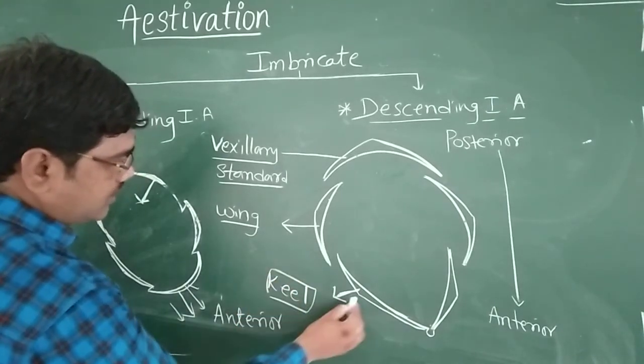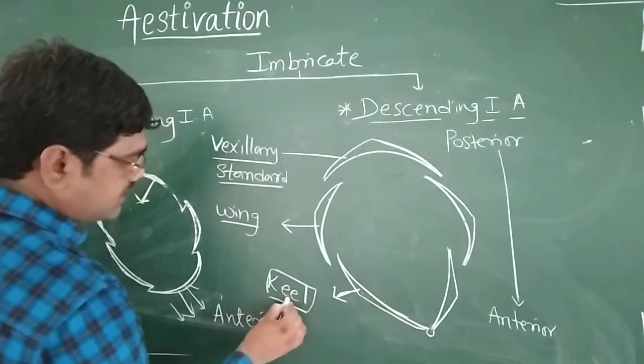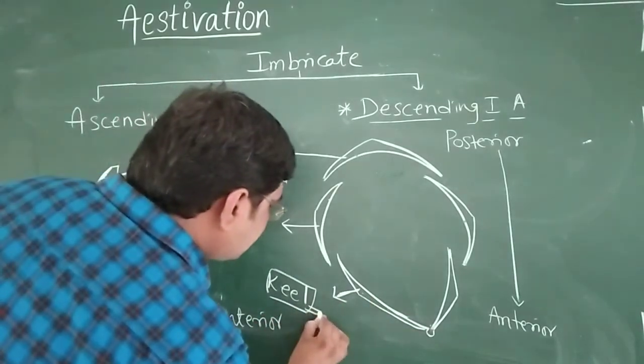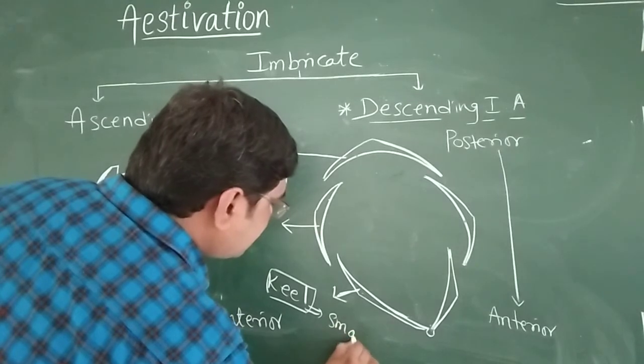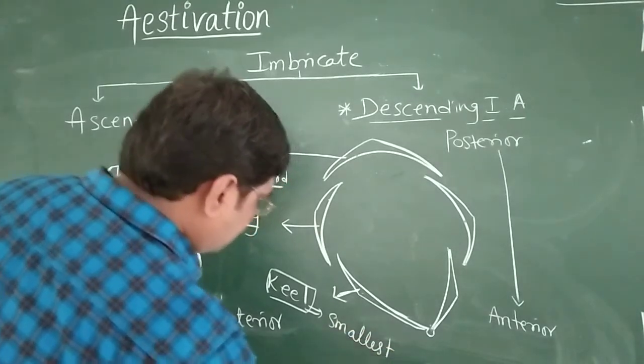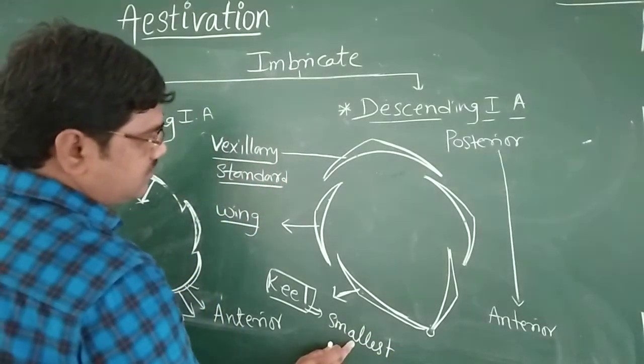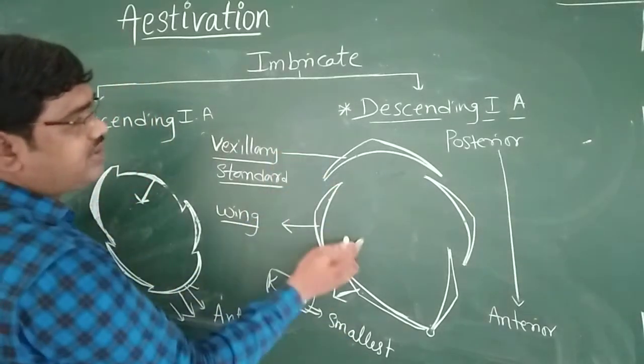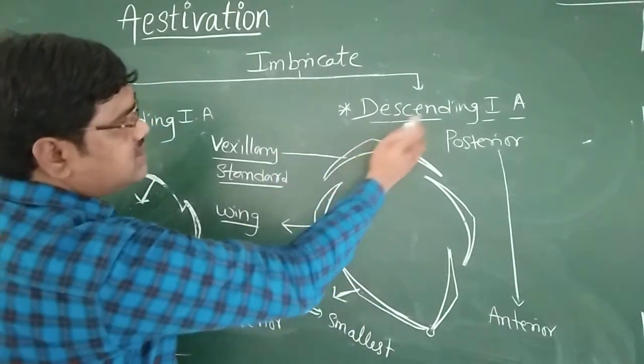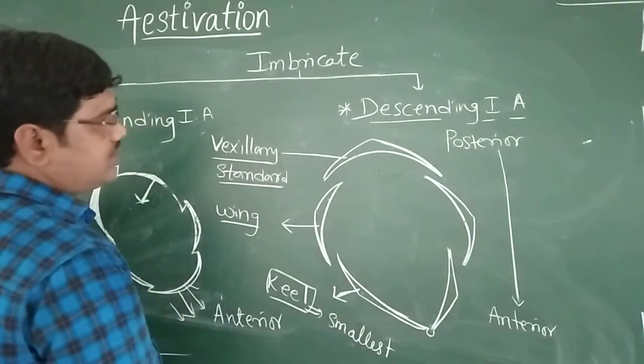The keel petals are the smallest petals. Okay? So this type of arrangement is called descending imbricate aestivation.